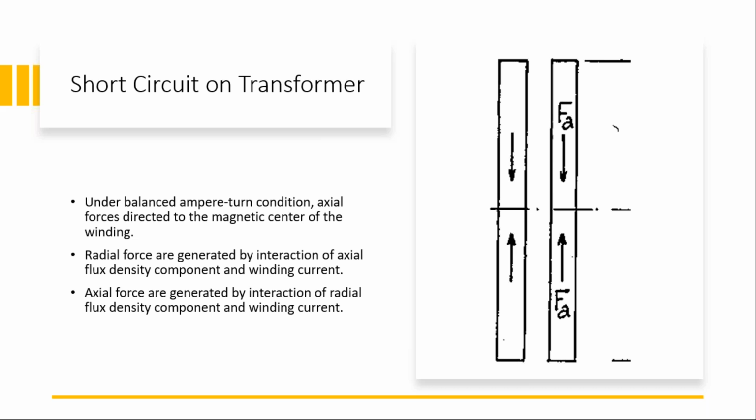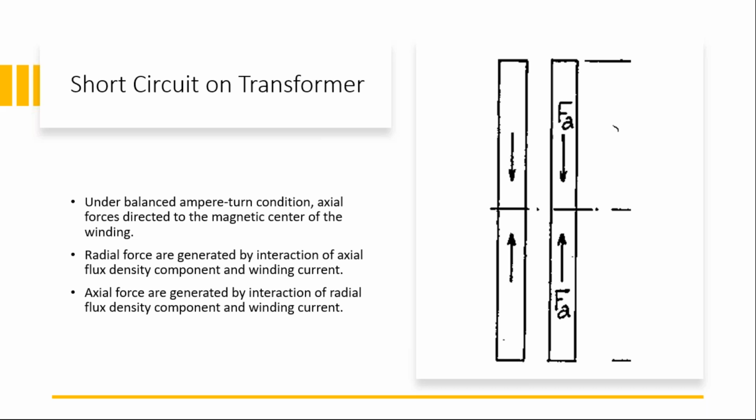So the manufacturing will have to make sure that the magnetic center matches within certain tolerances of 1/8 of an inch, so that the forces are actually considered in the design. And in an ideal condition, when the ampere turn is balanced and the magnetic center is matching, the short circuit forces, the axial short circuit forces, will be directed towards the magnetic center.